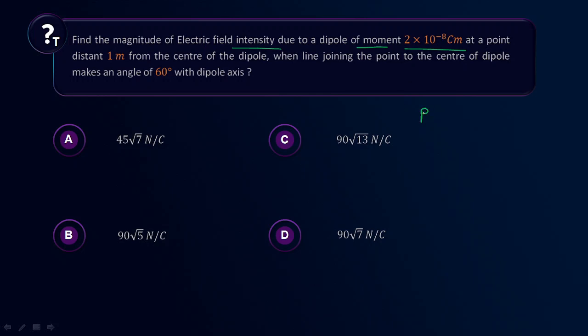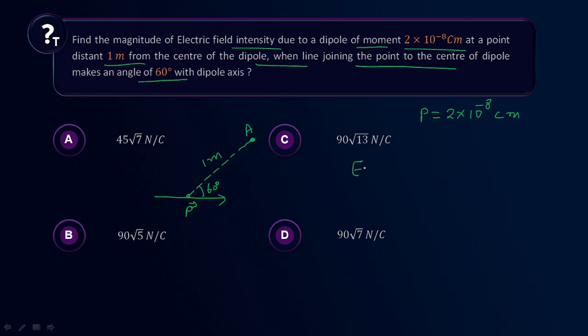So the value of P is given as 2 into 10 to the power minus 8 coulomb meter, at a point distant 1 meter from the center of the dipole, when the line joining the point to the center of the dipole makes an angle of 60 degree with the dipole axis. So suppose this is the dipole P. Now if I connect the midpoint with the point where we want to find the electric field, the angle made is 60 degree, and the separation is 1 meter, right? Question is clear.